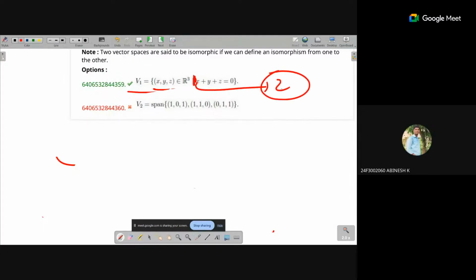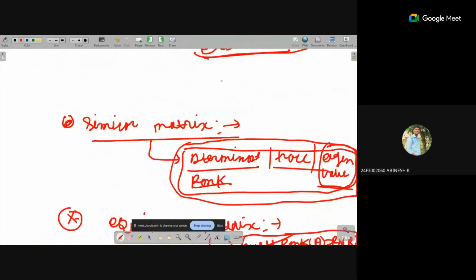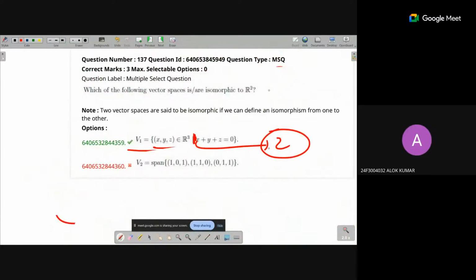Sir, can you please once again show how to check isomorphism on R2, which you explained before? Okay. Isomorphism means a bijective function, a linear transformation. A linear transformation that is both injective and surjective is isomorphic.